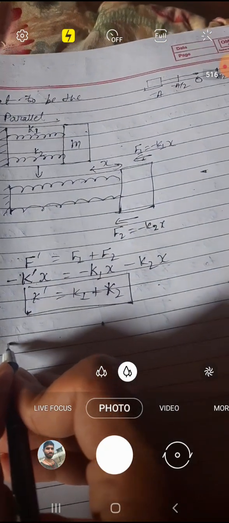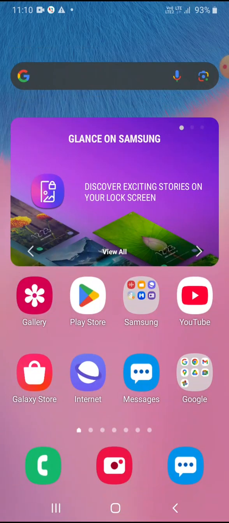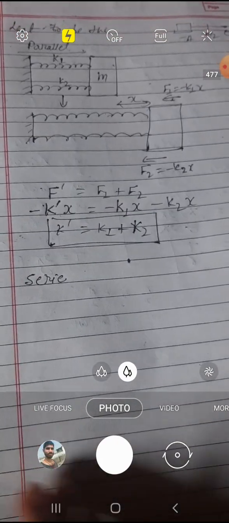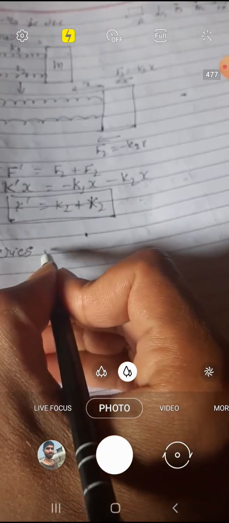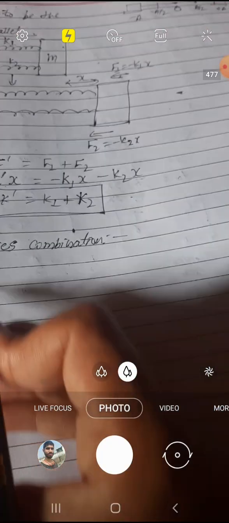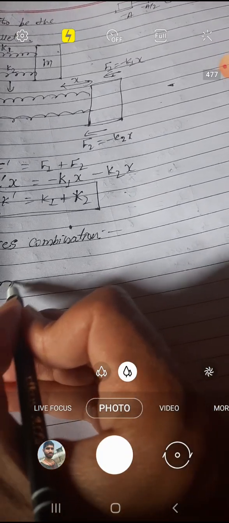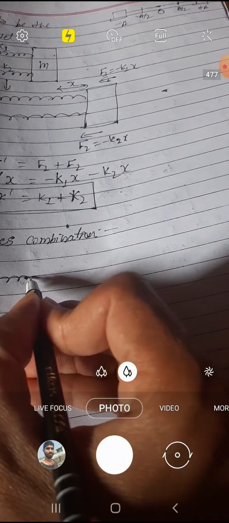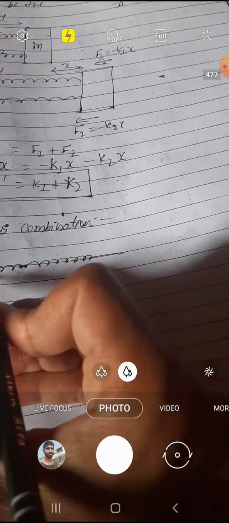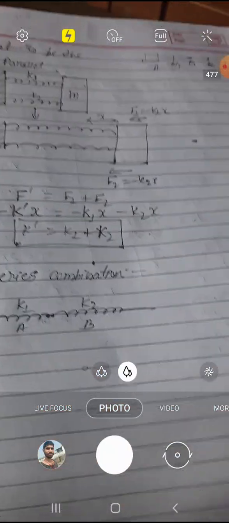Now what about series? Suppose there are two springs A and B having spring constants K1 and K2. They are connected in series.